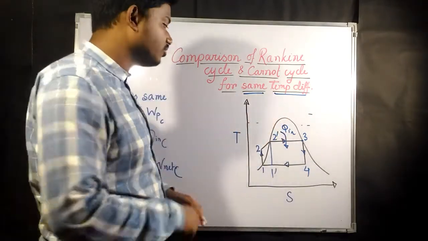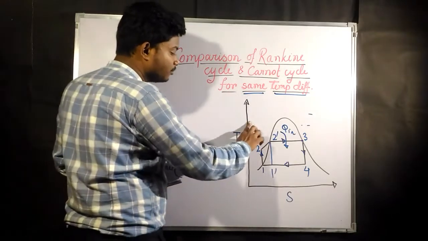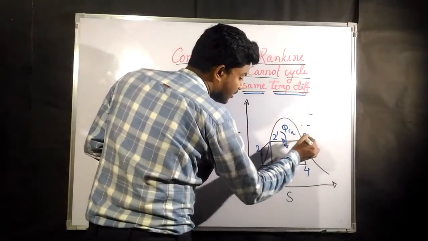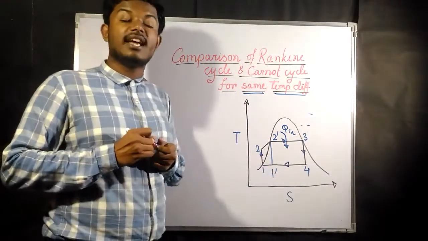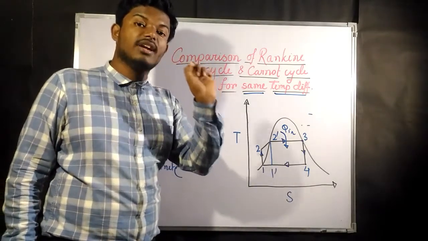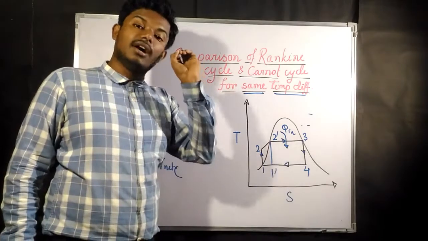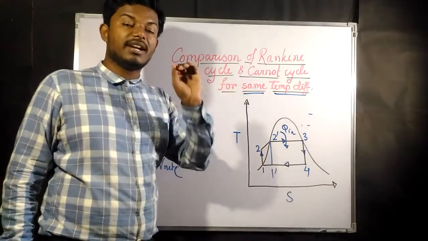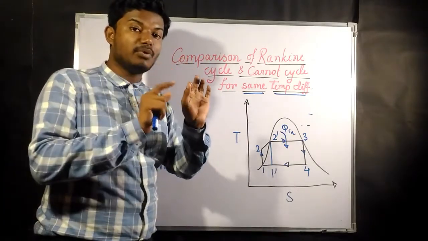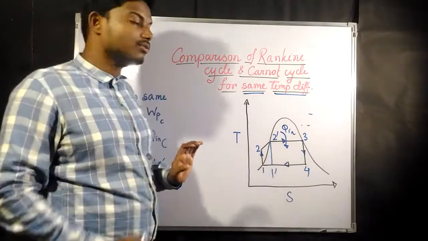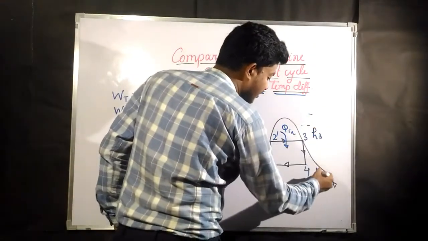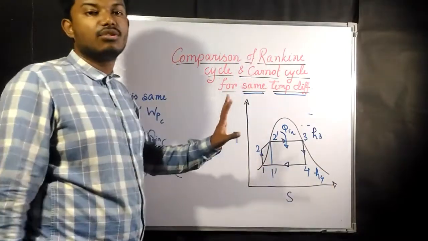Because if you plot a diagram, at a particular point the values are going to be the same, since these are properties, and properties at a particular point have the same value. Whatever path it follows does not matter, but if it coincides at the same point, then the values at that point are never going to change. So that means the enthalpy value at point 3 and at point 4 for both cycles is going to be the same.